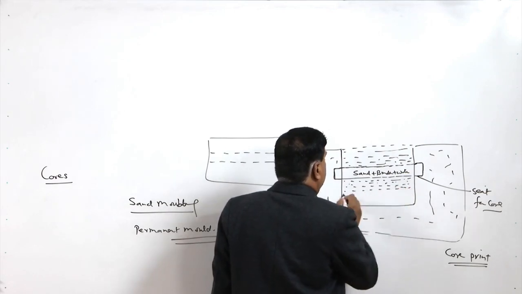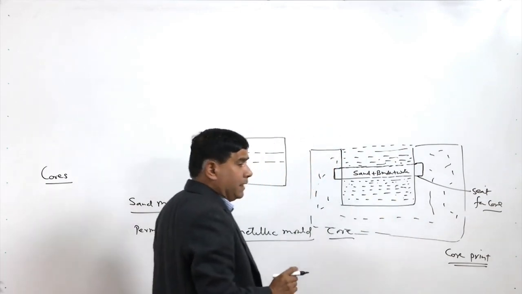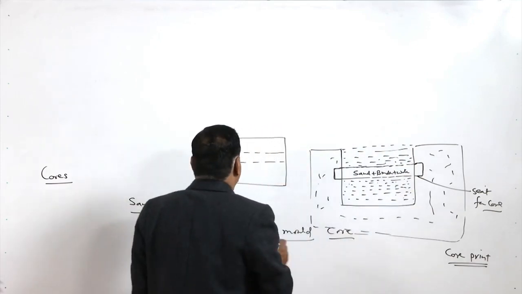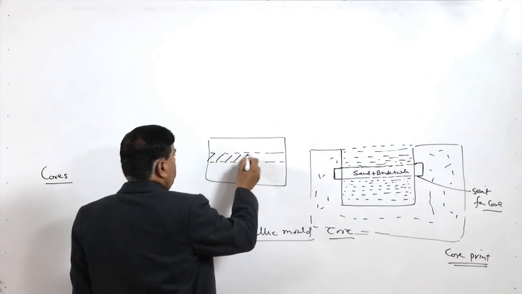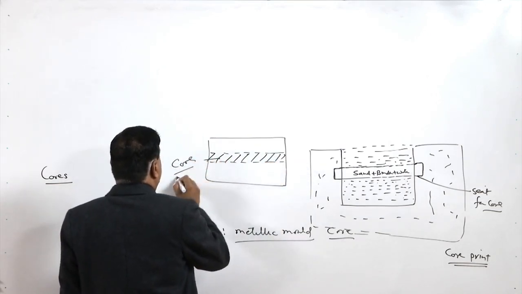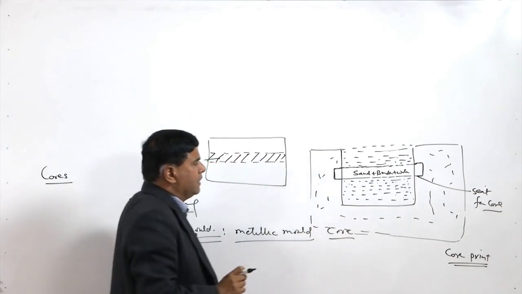This core is subsequently taken out after the solidification of the casting. When this portion is solidified, there will be presence of core and this core is broken. So, that desired hole is obtained.